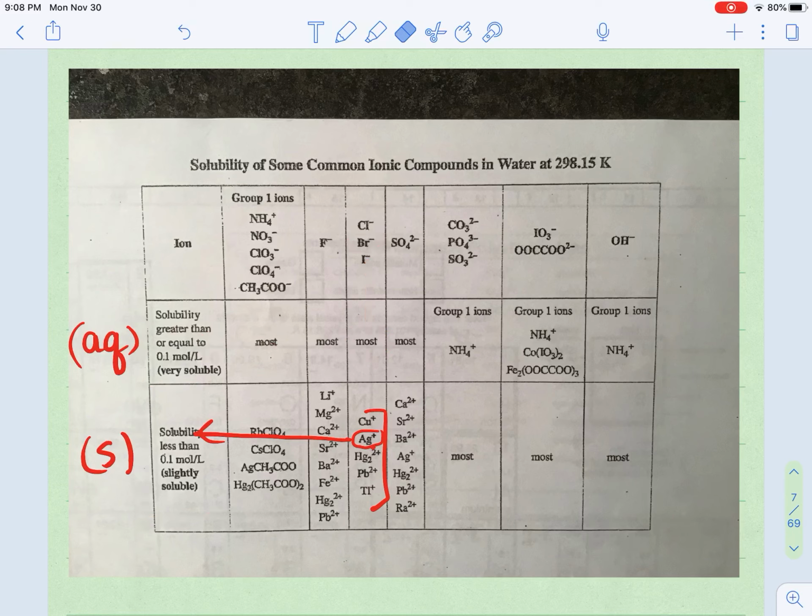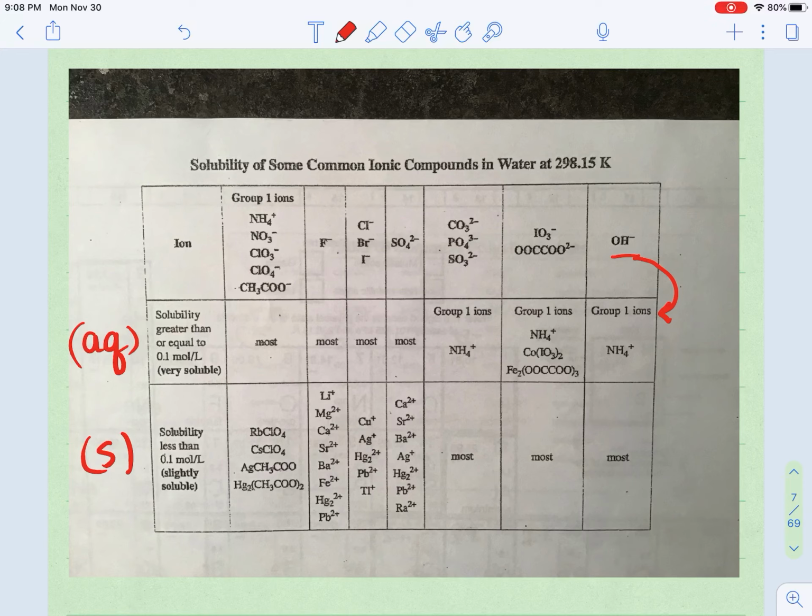So we're going to try a few more of these examples here. When you're thinking of something like hydroxide, it just says that when hydroxide is with any of the group 1 ions, so when it's with hydrogen, HOH would make water, so for sure that's aqueous.